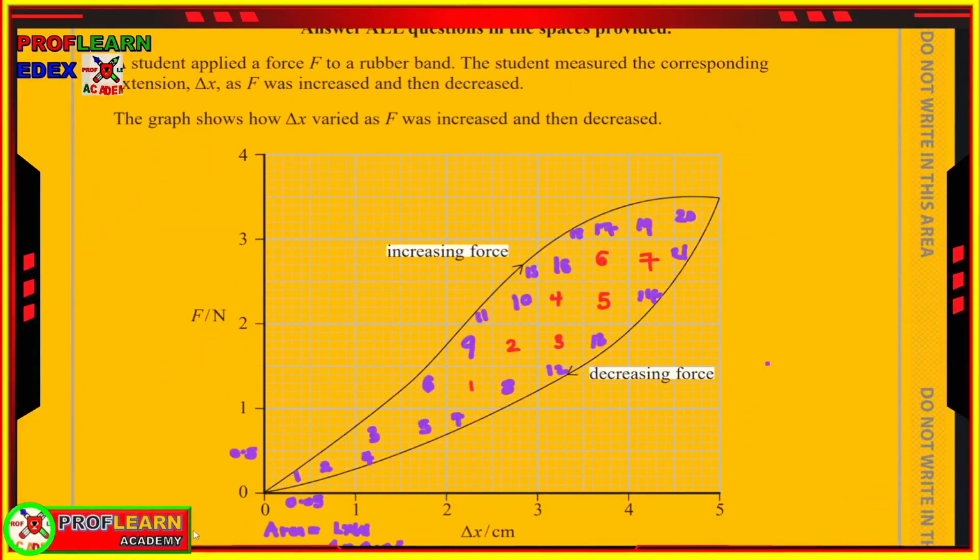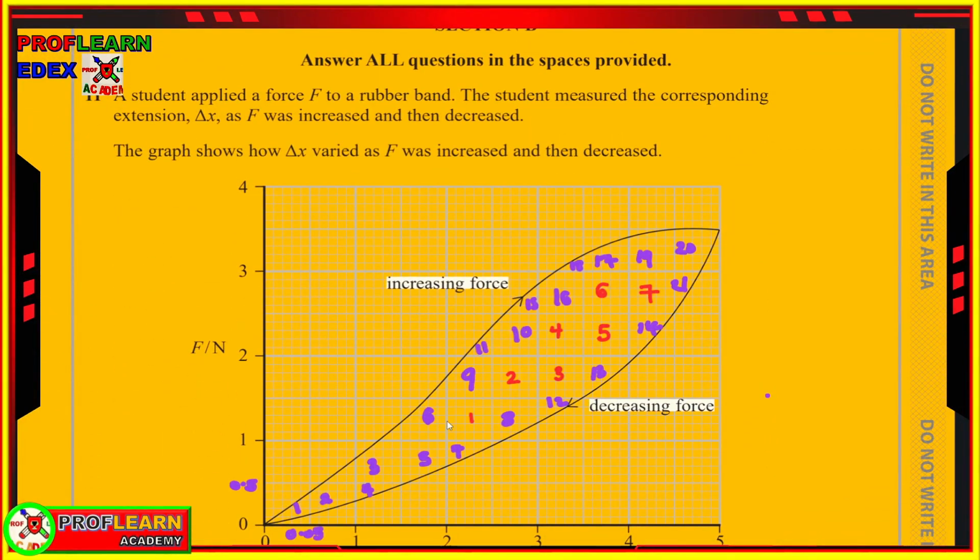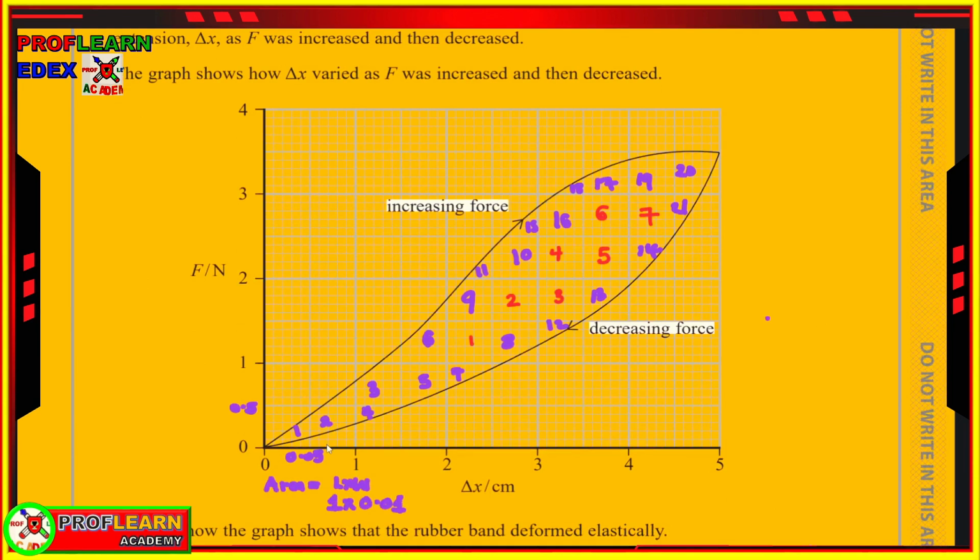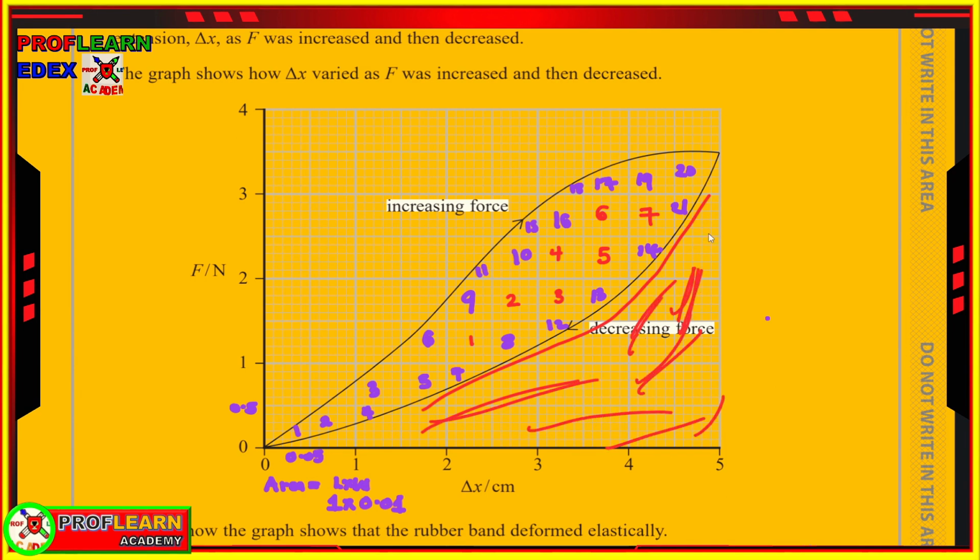Now, when the student is loading and increasing the force, something that you need to remember is that area under the graph represents the work done. And the area under this section also is going to represent the energy that is given out. The area that includes everything from the top graph down to here represents the work done to stretch that material.